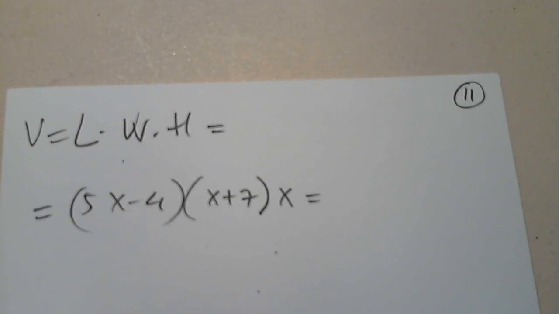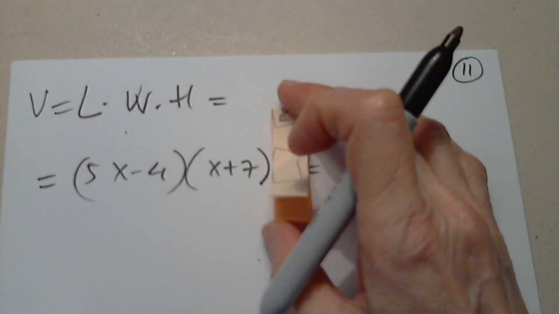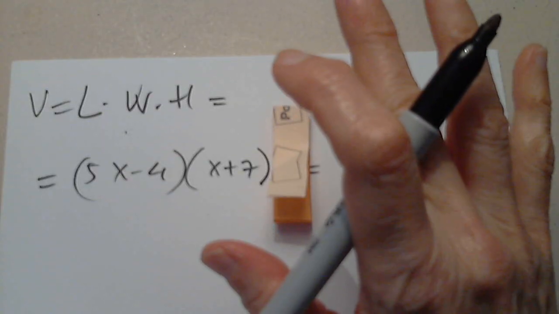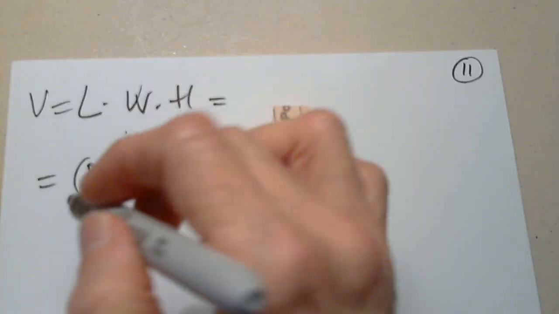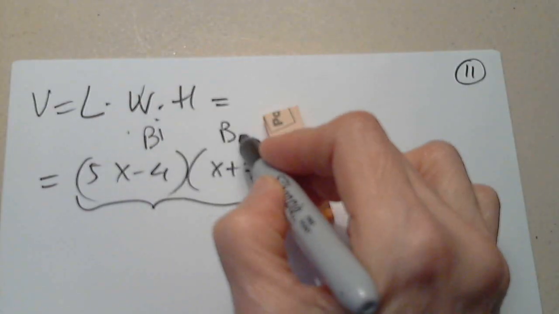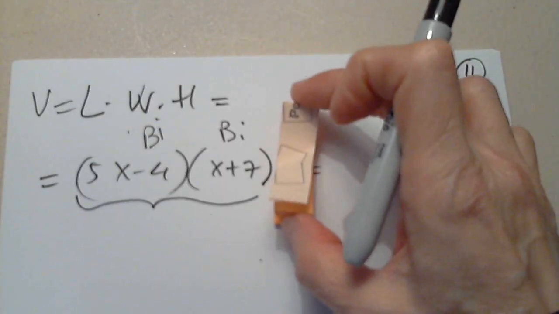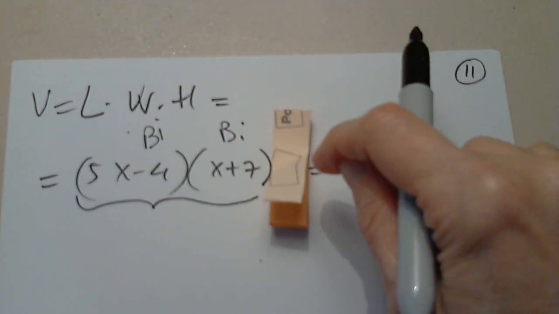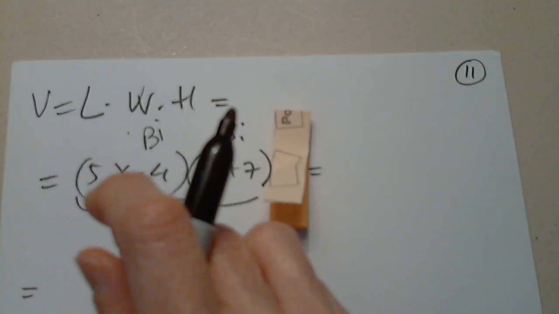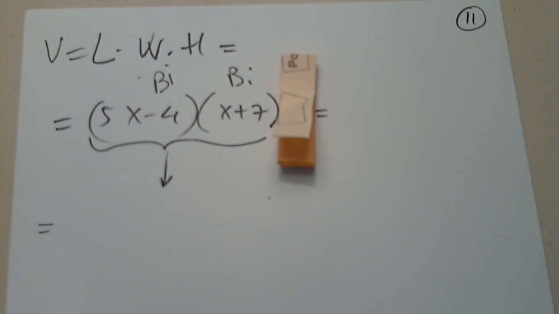This is very important to understand. Do not touch the monomial. Do not do anything to the monomial yet. First, use FOIL on these two binomials. At the very end, you distribute the monomial. So please tell me what you get after you simplify just the multiplication of those two binomials.